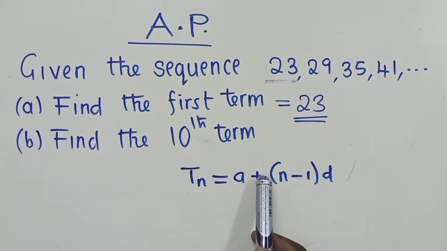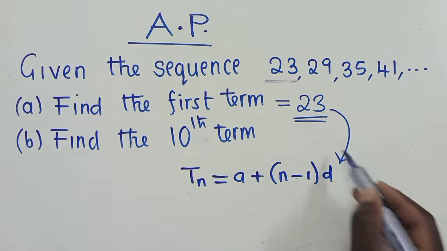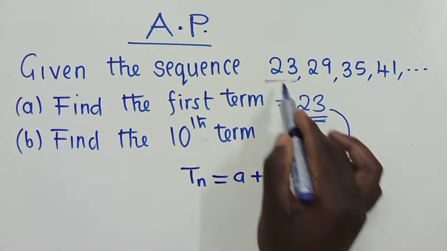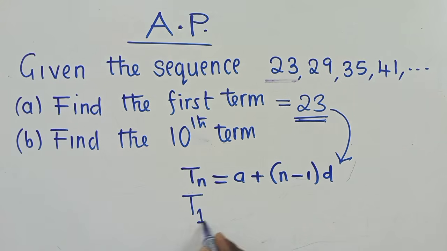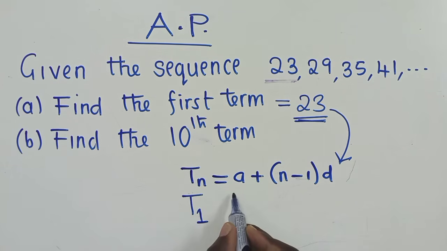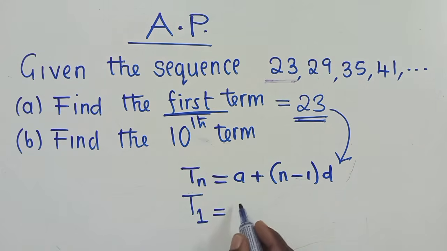There must be a plus here, okay? So now, I want to show you that the first term will always be a 23 for this sequence. So we're going to say T1 because our n is a 1. We're trying to find the first term. First means 1, okay?